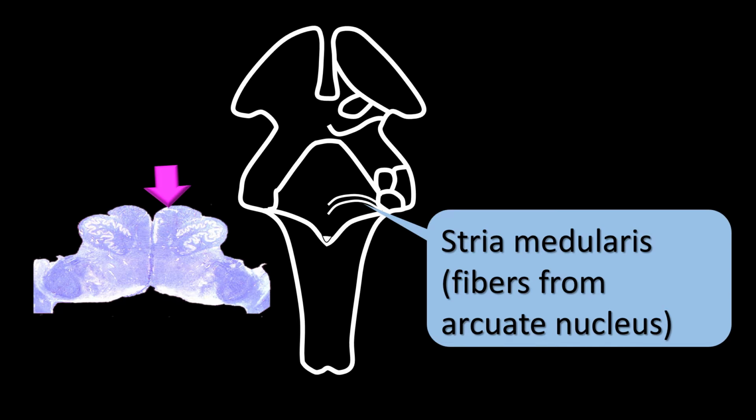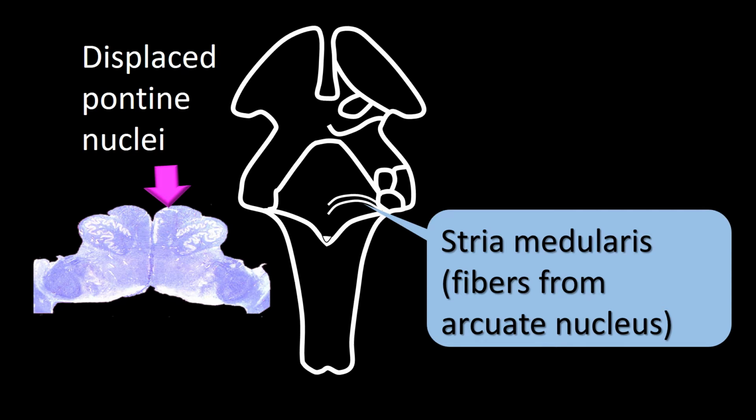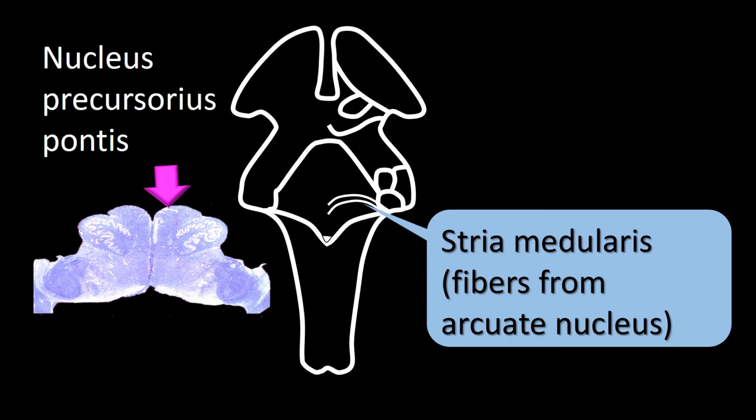The stria medullaris arise from the medullary arcuate nucleus. The medullary arcuate nucleus is a displaced pontine relay nucleus. Hence, sometimes it is called the nucleus precursorius pontis.